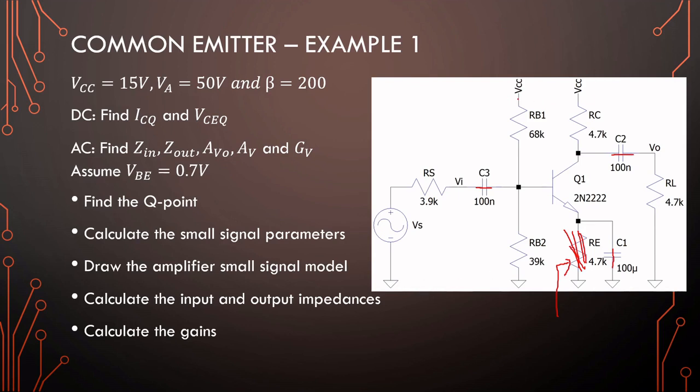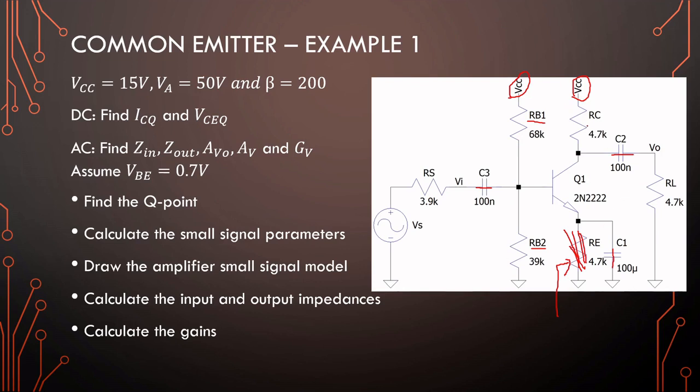Right, so the first step was capacitors. The second step was to switch off DC sources. So this will become a ground, and that will become a ground, making RB1 and RB2 in parallel with one another.